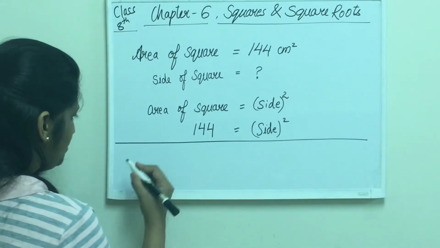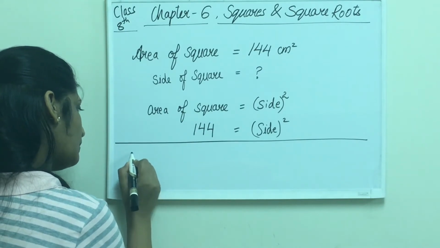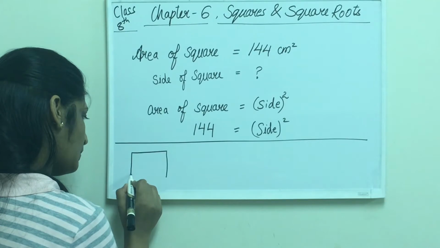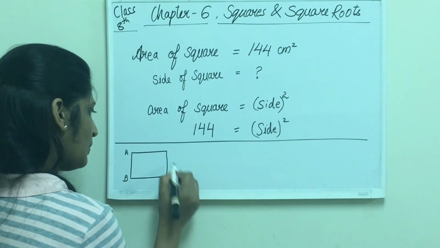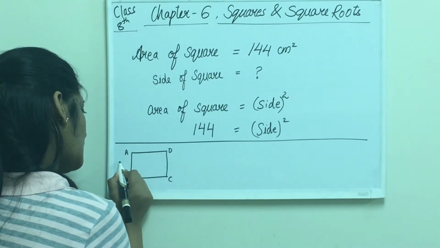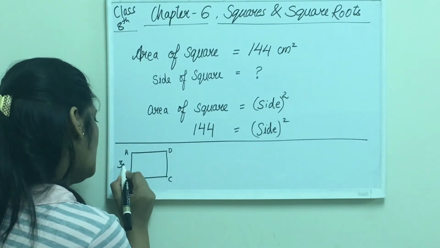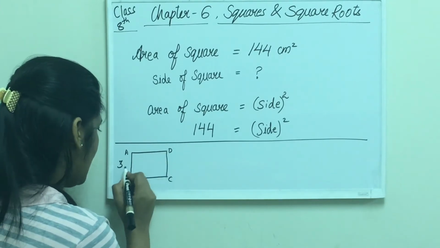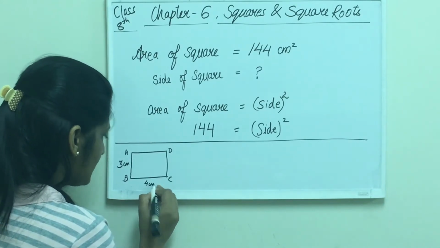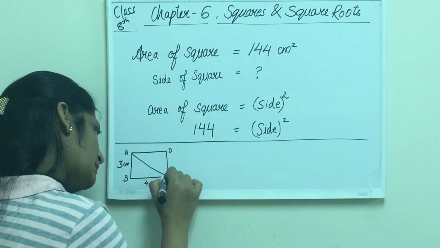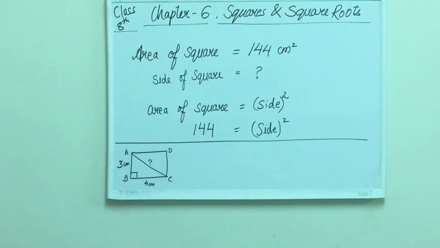Similarly, one more question to you. ABCD is a rectangle with AB as 3 centimeters and BC as 4 centimeters, and we are supposed to find the value of AC.